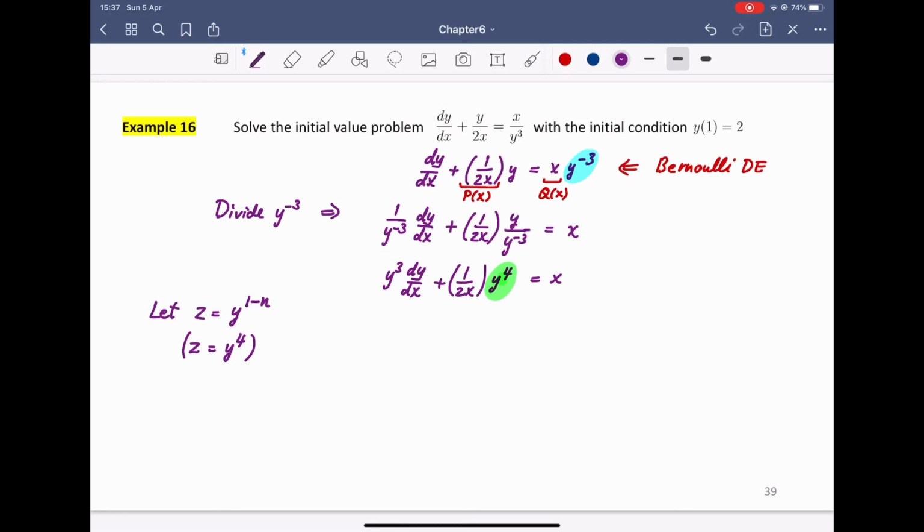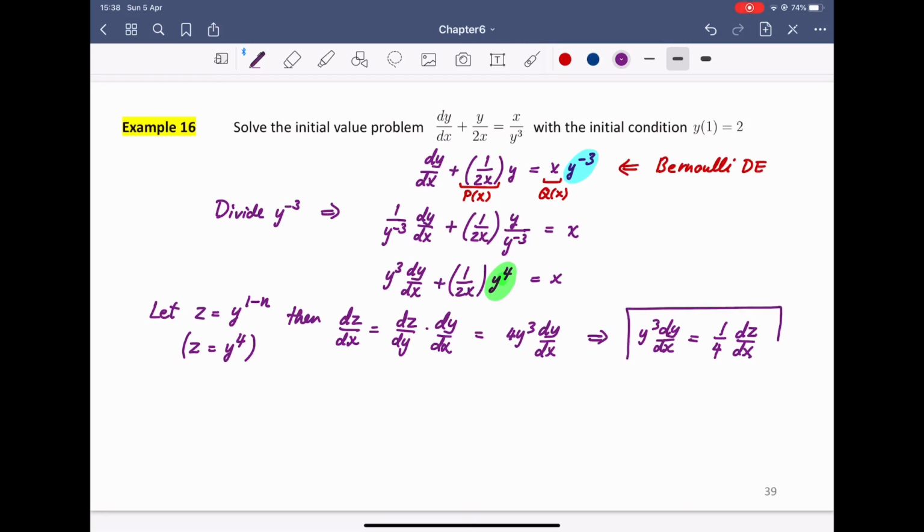It's always like this. Next we're going to find dc/dx. dc/dx is dc/dy times dy/dx, differentiating c with respect to y. So I get 4y cubed dy/dx, and you can see that y cubed dy/dx equals 1 over 4 dc/dx.